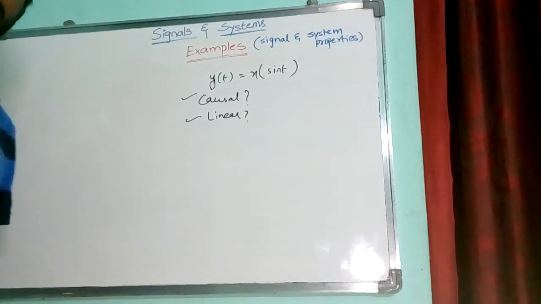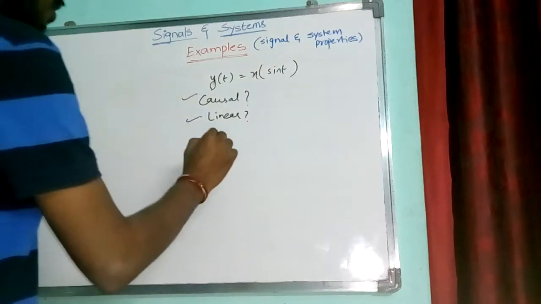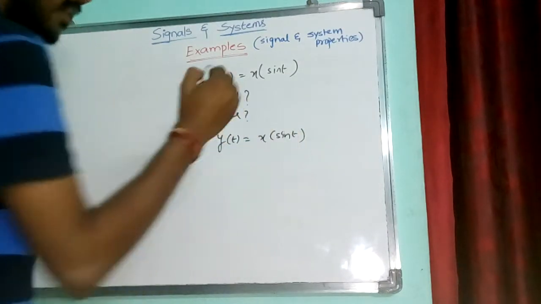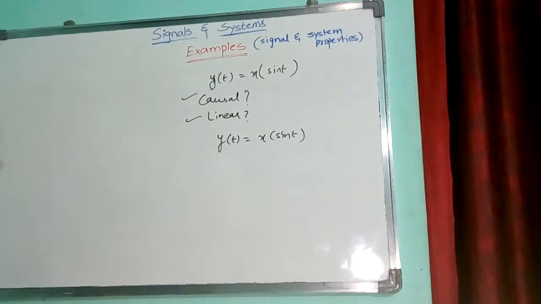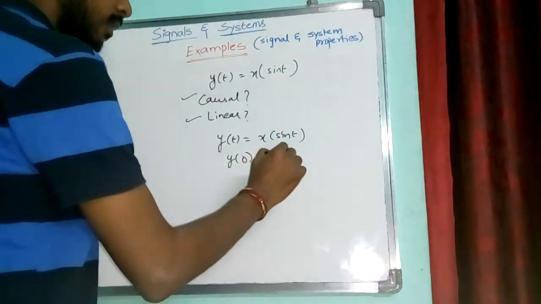Now for a system to be causal, the output at a time sample should depend on inputs of the present and past. There should not be any future value on the input side. So if I consider y of t equal to x of sin t, I'll check for the present, past and future inputs. I'll consider y of 0, then it is x of 0.